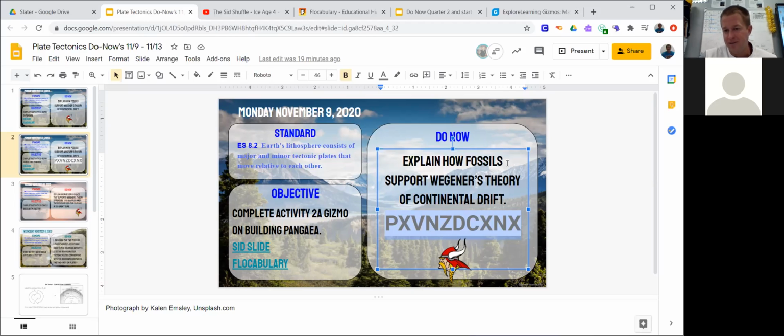Okay, well, they've found land fossils of the Mesosaurus, so fossils of a land reptile, the Mesosaurus, in South America and Africa. And those are separated by the Atlantic Ocean. So the idea that they're finding the same animals on these separate continents, fossils of these animals, it supports a theory that at one time they were all together and these animals are walking back and forth between the continents.